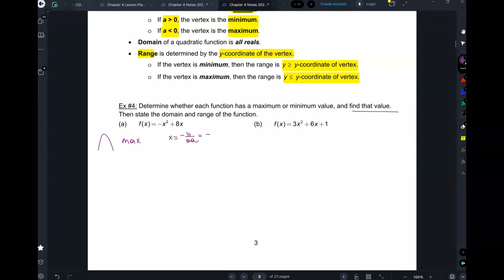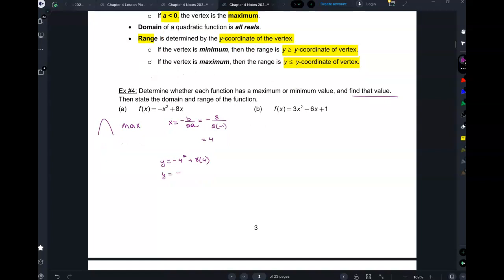So this is what? Negative 8 over 2 times negative 1. Right? So how much is that? 8 over 2, 4. Okay, how am I going to find the y value? Plug it in. y equals negative 4 squared plus 8 times 4.